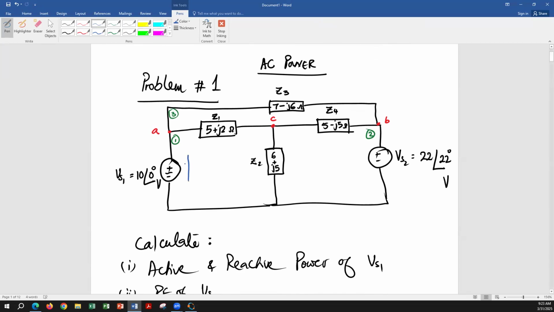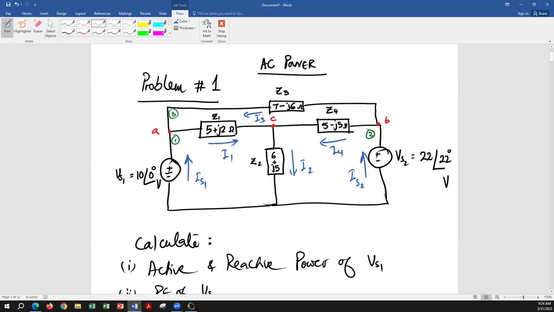Let's assign some currents. Let's say the current here is IS1, the current here is IS2, this is I2, this is I1, this is I4, and let's assume that this is I3.